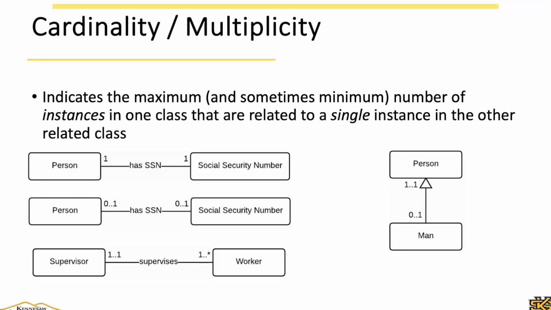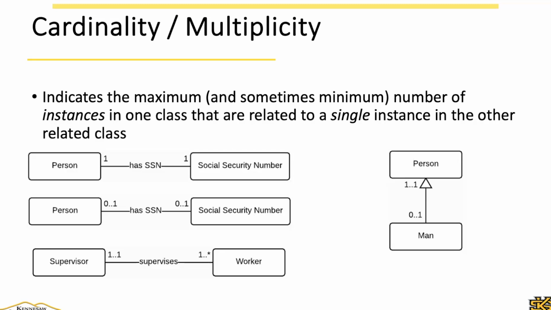But in terms of generalization and specialization, let's look at the relationship between person as a class and man as a subclass. On the right side, we can see the figure. Each instance of man is also an instance of a person.